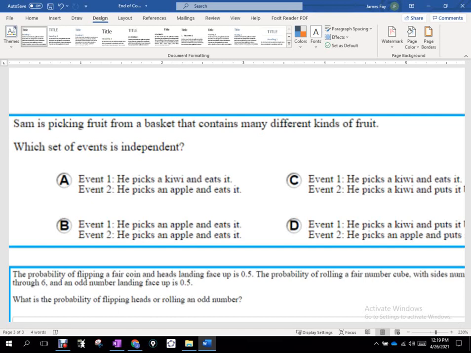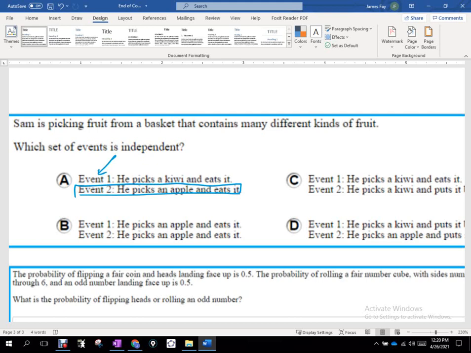Are those independent or dependent? All right, so if we have events that are dependent, then event 2's probability is going to be based off what event 1 happened, right? Okay, so is this probability here going to be impacted by what he did there?